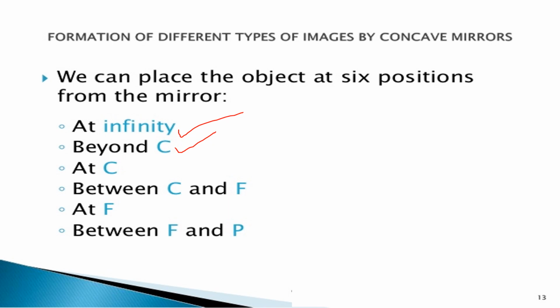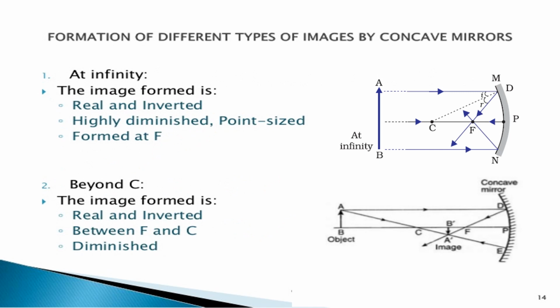Then followed by between center of curvature and focal point. After that, at focal point, then between focal point and pole. In these 6 different positions, we'll place our object and we'll try to find out what is the nature of the image.